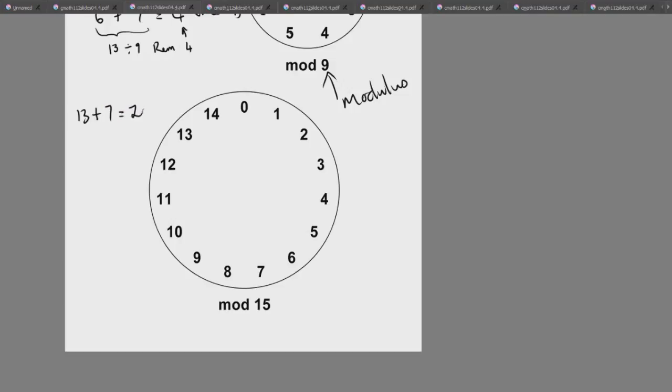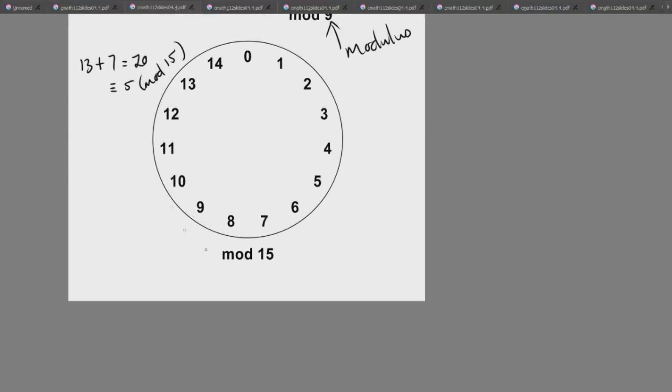I know that's 20. There is no 20 here. Once I've done a full loop of 15, 5 will be left. So the answer is 5 mod 15. It will be the same if you start at 13 and you take 7 steps, 1, 2, 3, 4, 5, 6, 7, you end up at 5.